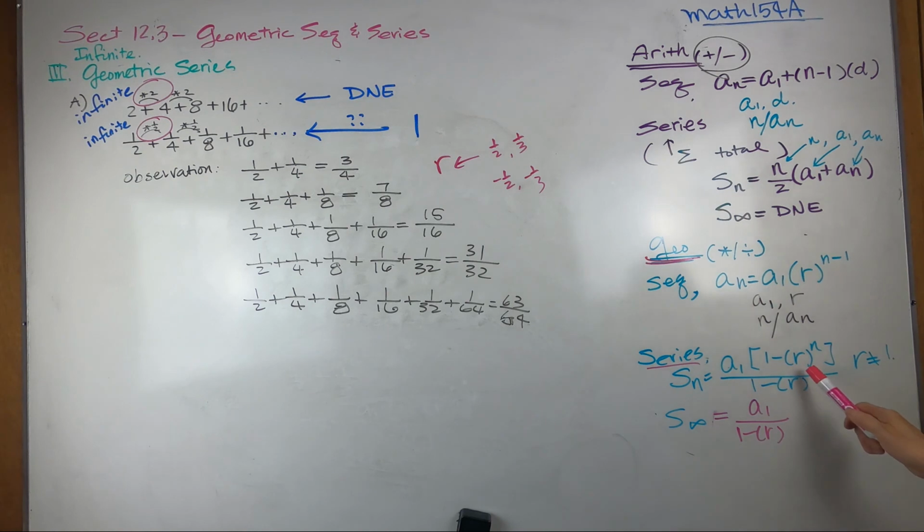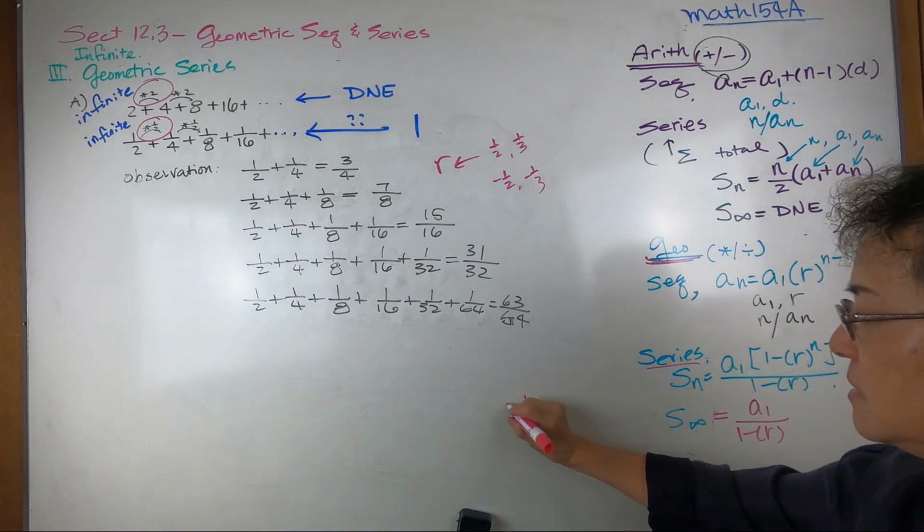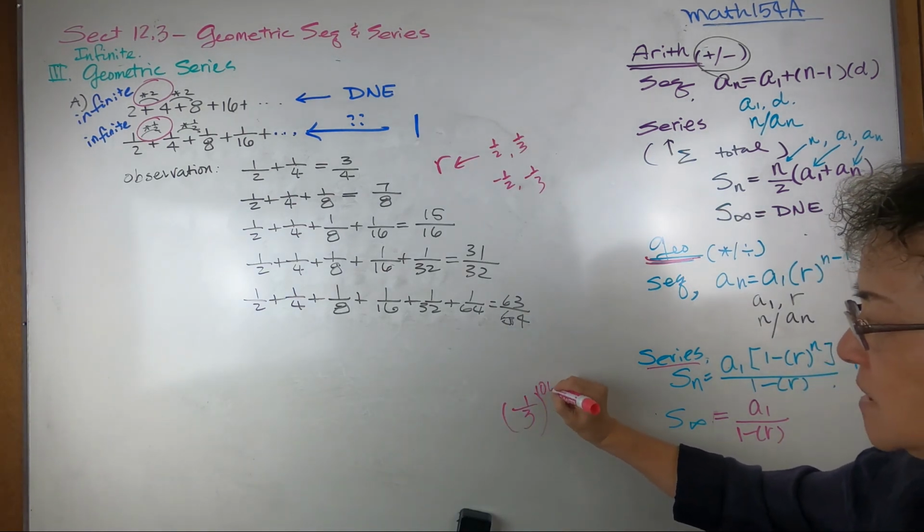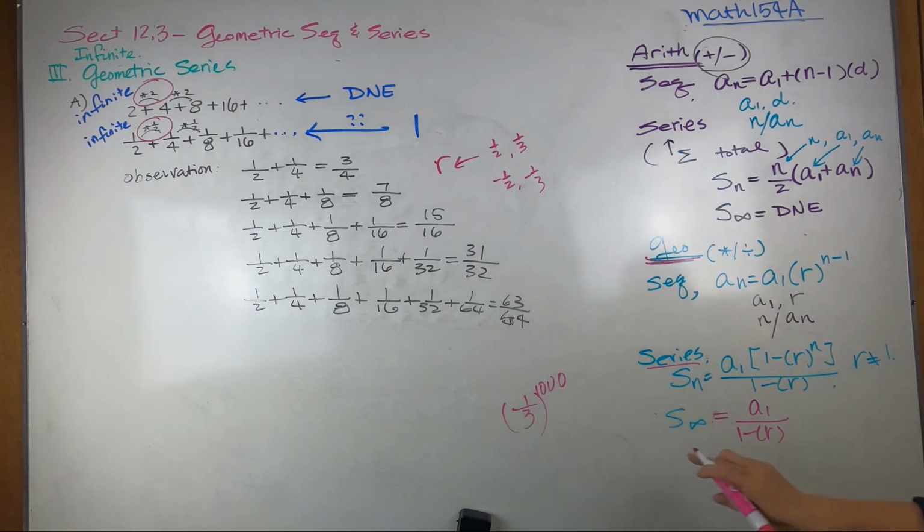The reason is because r is half, third, smaller and smaller. When n goes to infinity, this term r to the n is almost 0, right? Like 1/3 to the 100th, 1,000th power, getting smaller and smaller, approaching 0, so it's gone. It becomes A1 times 1, so A1 over 1 minus r.